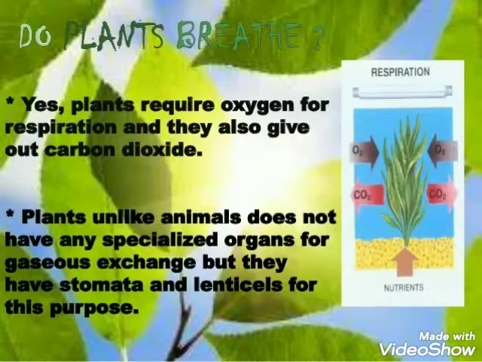When we talk about animals, they have specialized organs like lungs, trachea, and alveoli for the process of respiration. But unlike animals, plants do not have any specialized organ for gaseous exchange; they have stomata and lenticels for this purpose.